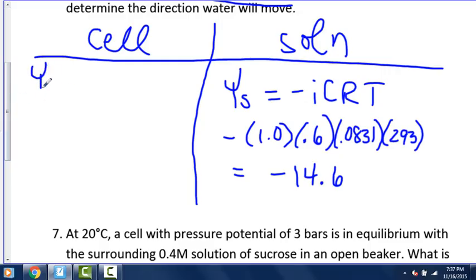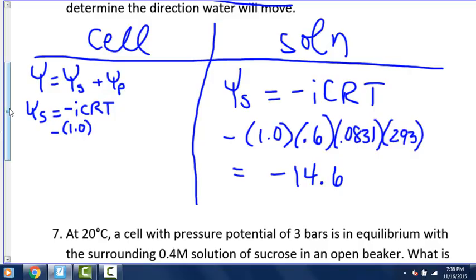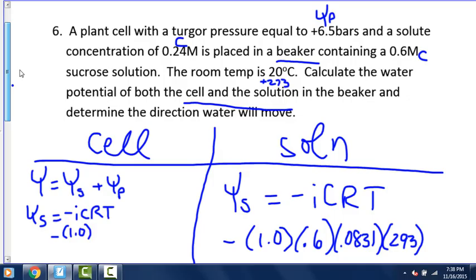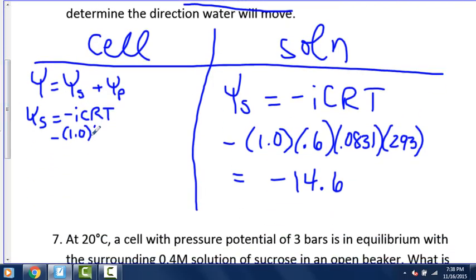All right, then I go over here to the cell. And I always remember the cell is going to be this plus this. So first thing I want to do is solve the solute concentration. So again, I need to do the negative iCRT. So that's negative 1.0, go back up here, 0.24, 0.0831, and 293.